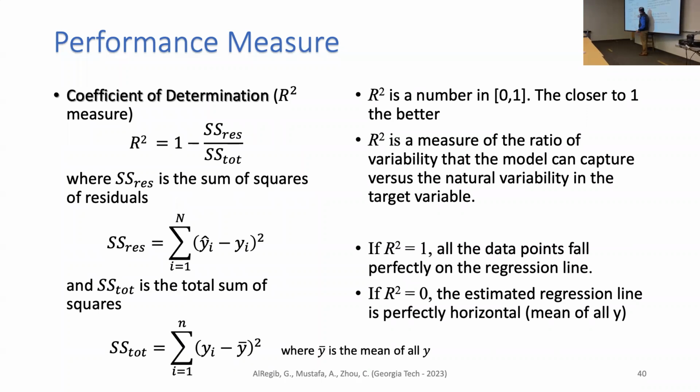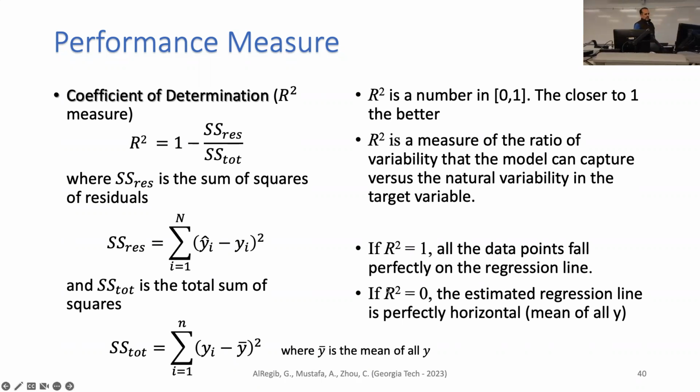That's the ratio to how far each y_i, each ground truth sample, is from the average of the y. If the first one is very, very small, then the R square will be equal to 1, and that's what we want in this case.